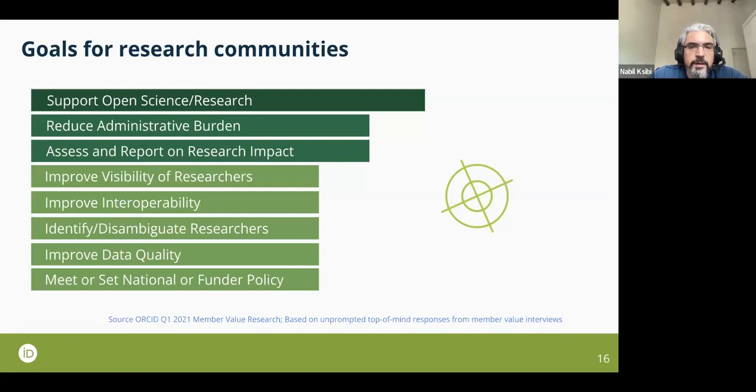So really, these are the three main benefits that our community sees in ORCID. Of course, there is also visibility improvement for researchers, interoperability improvement, disambiguating researchers, improving data quality, and meeting or setting national or funder policy. These are the other findings that our community voted for when it comes to ORCID benefits.